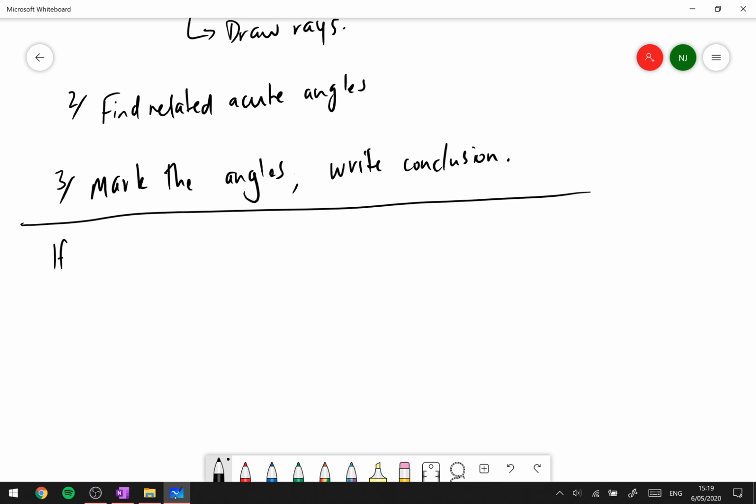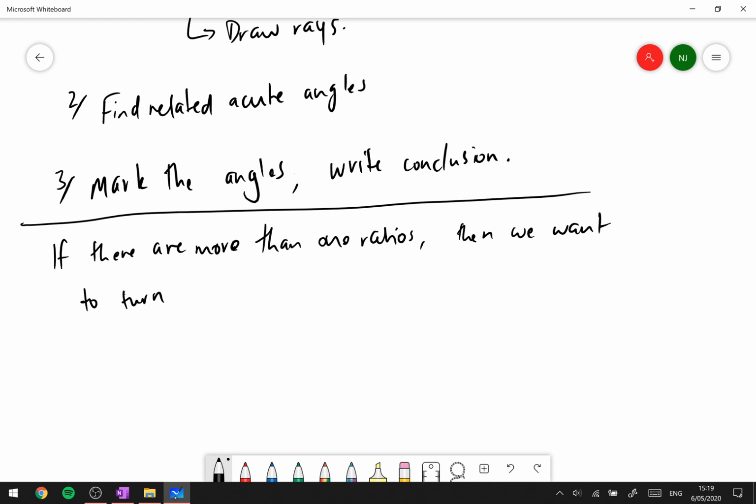If there is more than one ratio, then we want to turn one of them into the other.